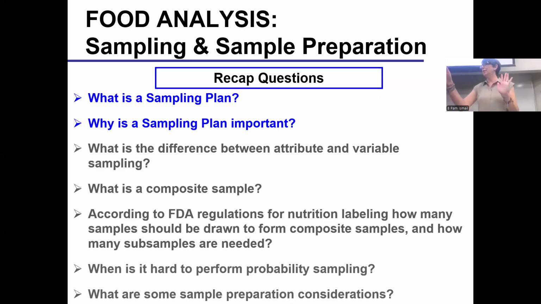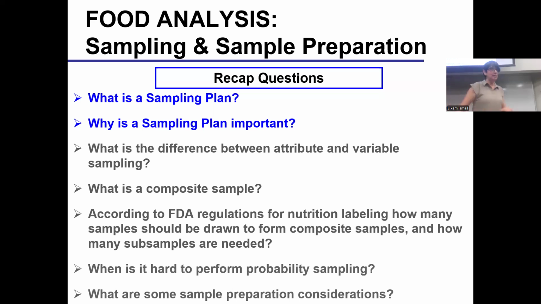Give it a go, Lizzie. It helps make sure that you're getting a good representation of the whole. Yes, good representation, accurate results, good assumptions that you can trust, low risk assumptions. So if you mess up sampling or how you prepare your sample, no matter how good of an analyst you are, your results will be erroneous.